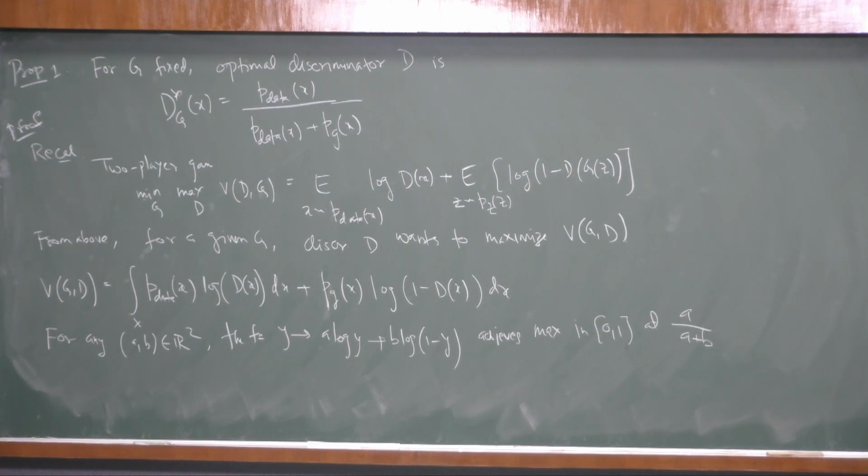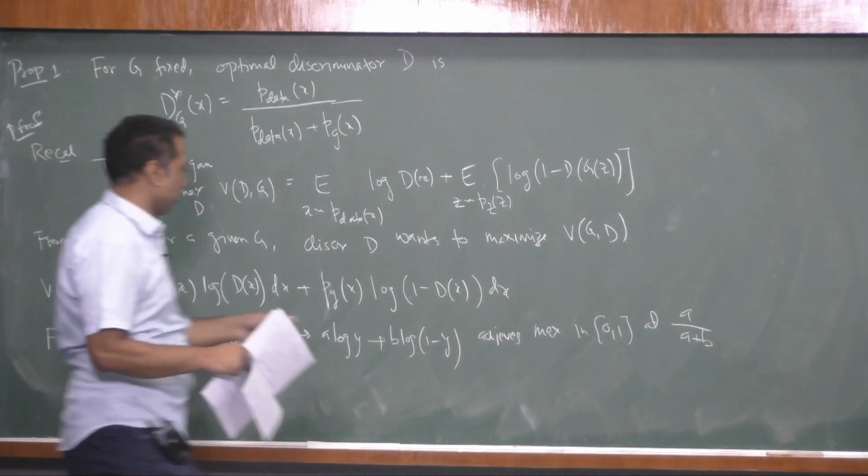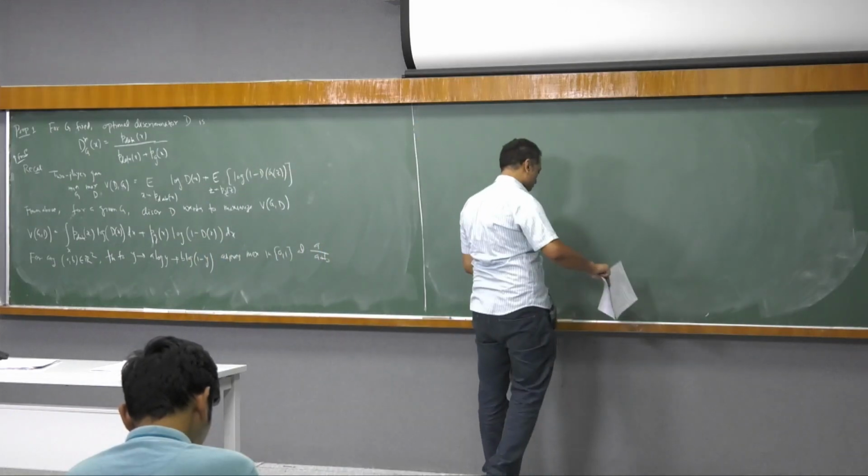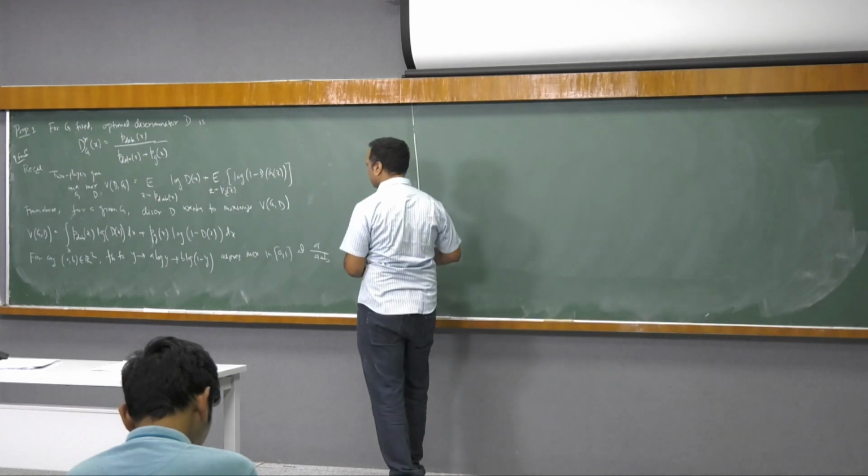We can prove this; it's again optimization. We want to maximize a log y plus b log 1 minus y and see what maximum value it takes. So we differentiate and equate to 0. This should be pretty simple.